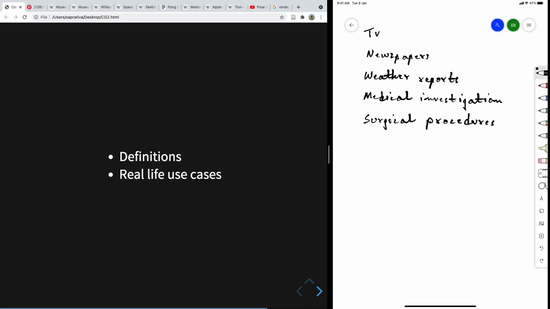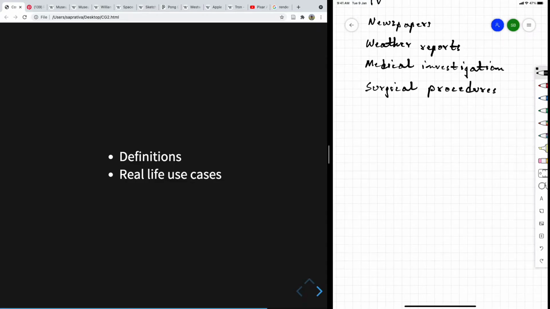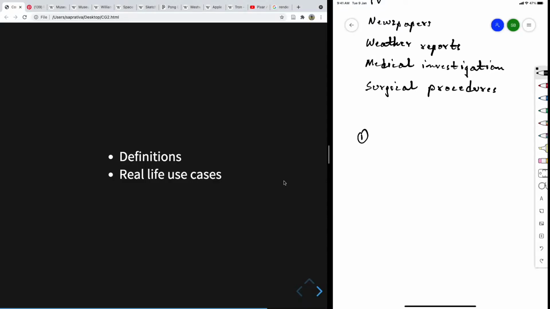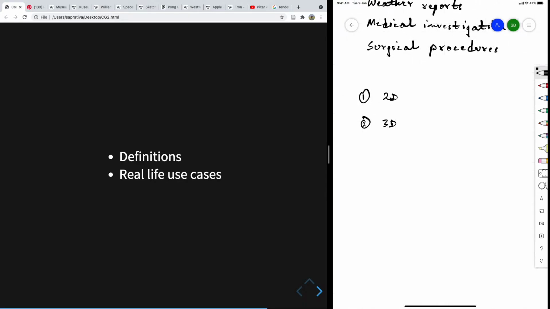Now computer graphics can be categorized into three main categories. One is 2D, second is 3D, and third is animated graphics.